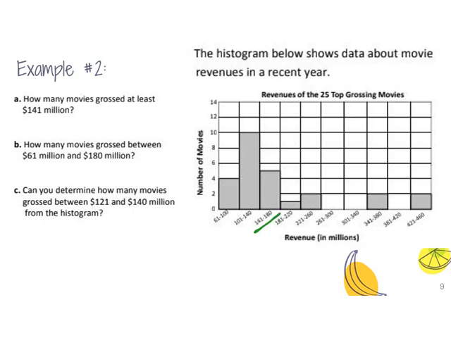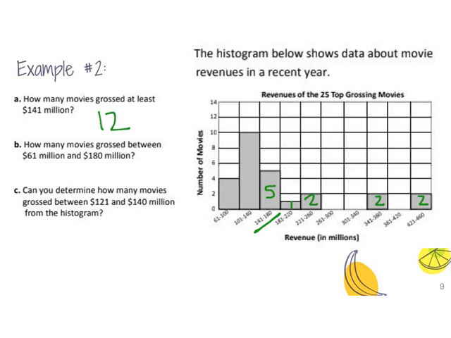We want to see which ones had at least, so that means we're counting from the $141 million up. So I have 5 here, plus 1, which is 6, plus 2, which is 8, plus another 2, which is 10, and plus another 2, which is 12. So that's how many movies grossed over $141 million.